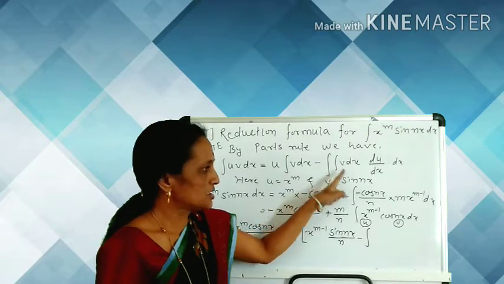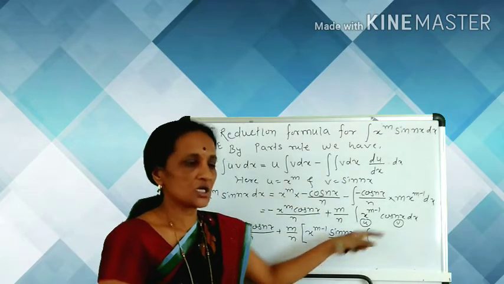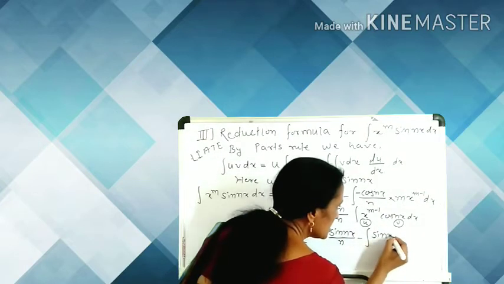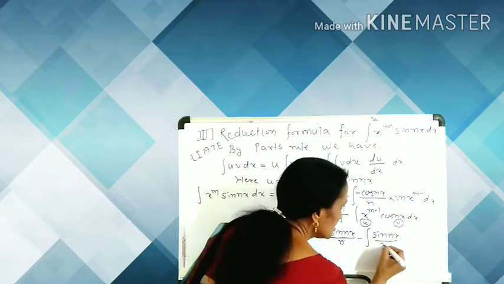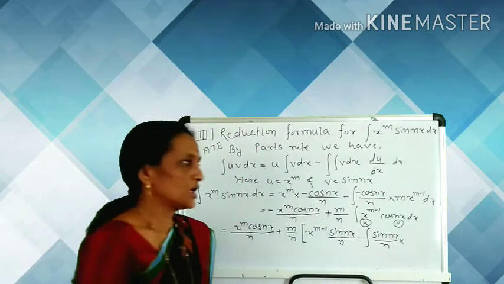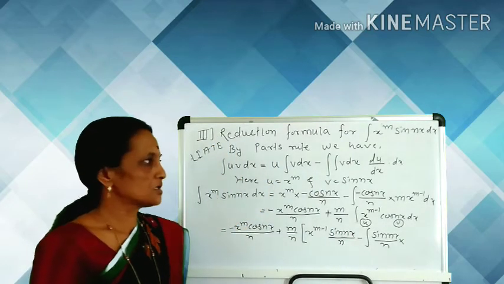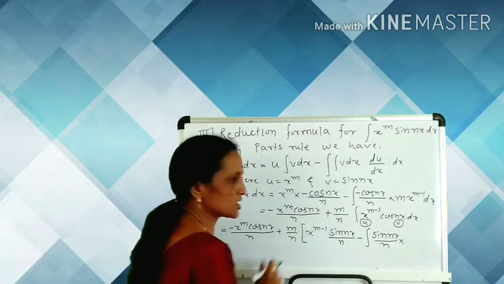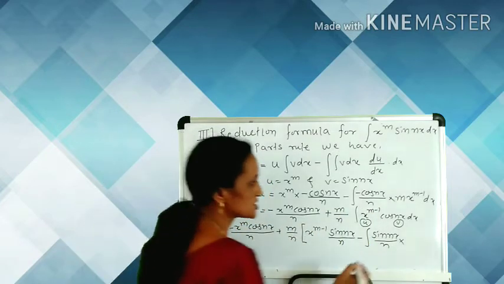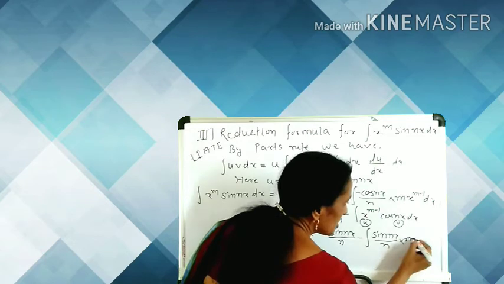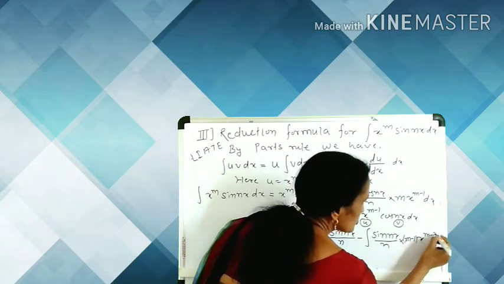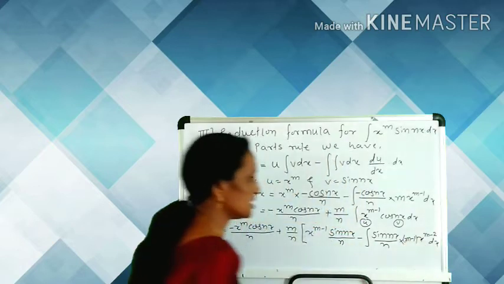integration of the second function, cos nx, is sin nx divided by n, multiplied by derivative of the first function, and the first function in this integral is x raised to the m minus 1. So its derivative is m minus 1 x raised to the power m minus 2, multiplied by dx.